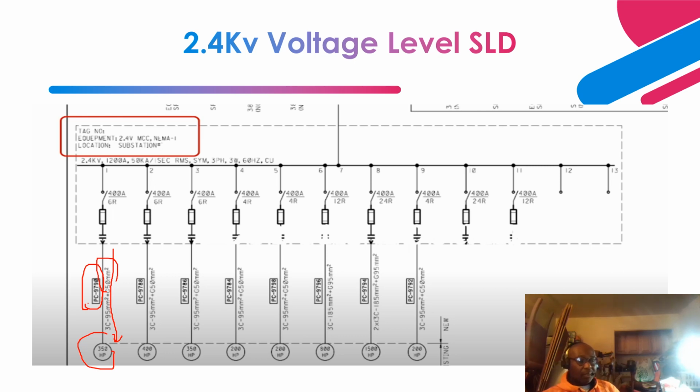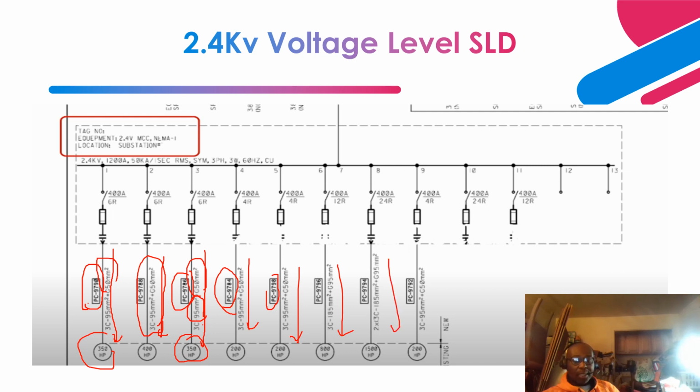Then this is another feed that goes to a 400 horsepower motor, and this is the size of the phase conductor and the ground conductor. Then you have another feed that goes to a 350 horsepower motor, with its cable identification number, and the cable is three conductor 95 squared, and the ground conductor is 50 squared. Similarly for these ones, this is the size of the cable feed that goes to the motor.